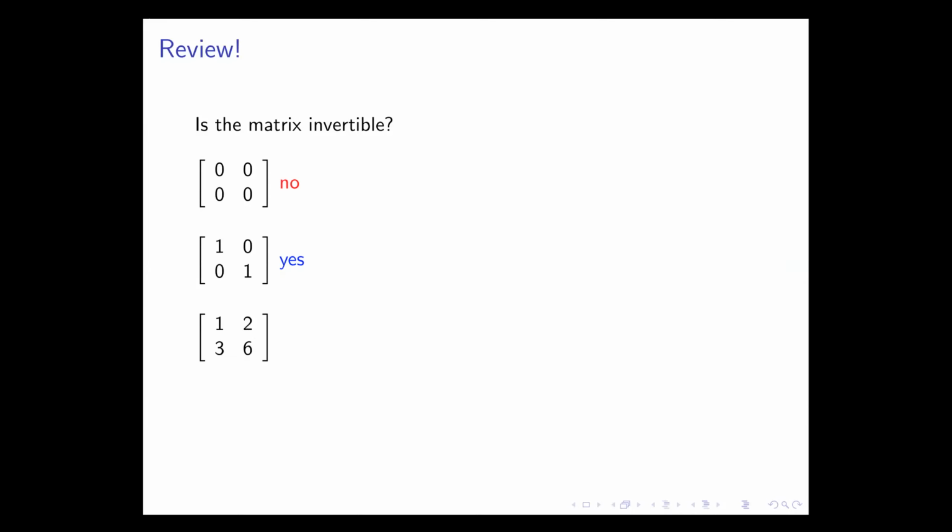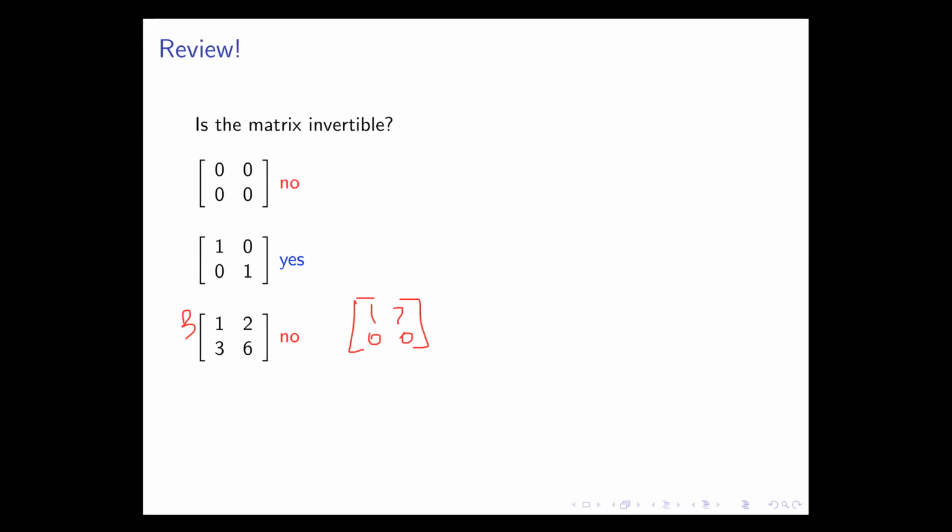This matrix, well, you need to reduce it to the echelon form. And if you do that, you see that the first row is proportional to the second row. So if you multiply the first row by 3, you get the second row, and then the reduced echelon form will look like this.